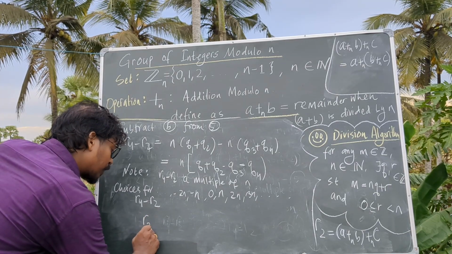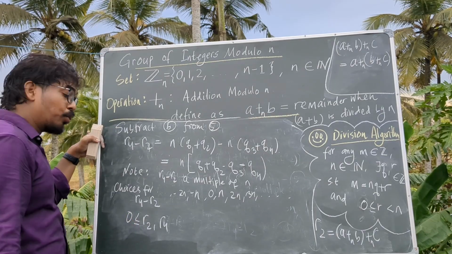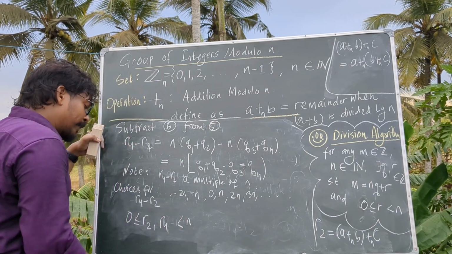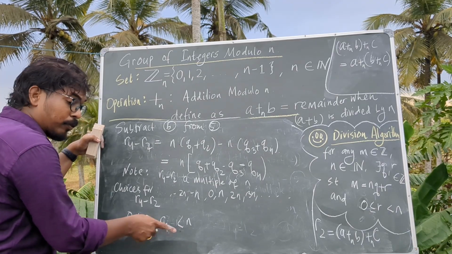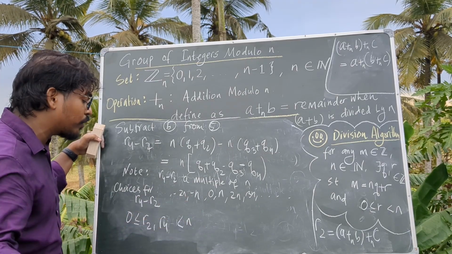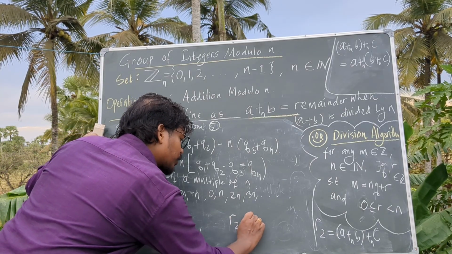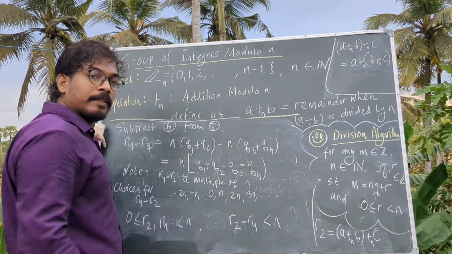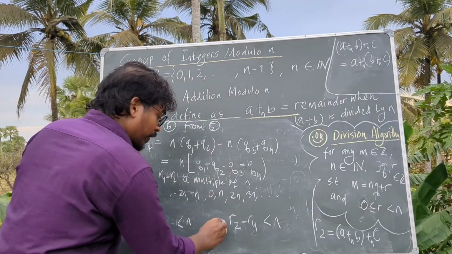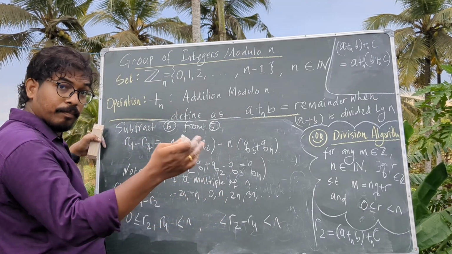We have R2 and R4 as numbers between 0 and n. This is strictly less than n. R2 and R4 can be 0, 1, 2 up to n minus 1. So R2 minus R4 can at most be n minus 1, and at least minus n plus 1.